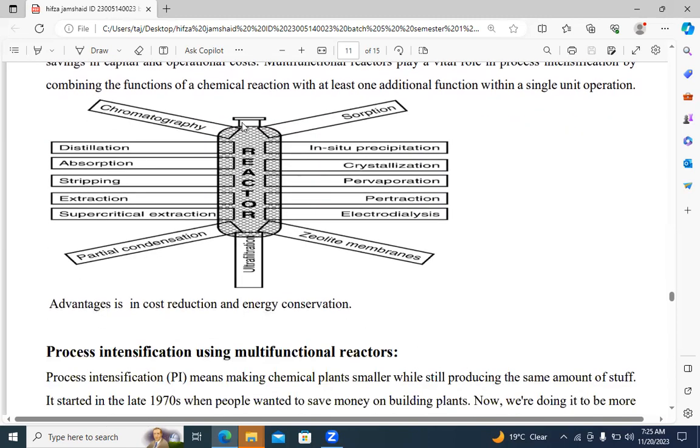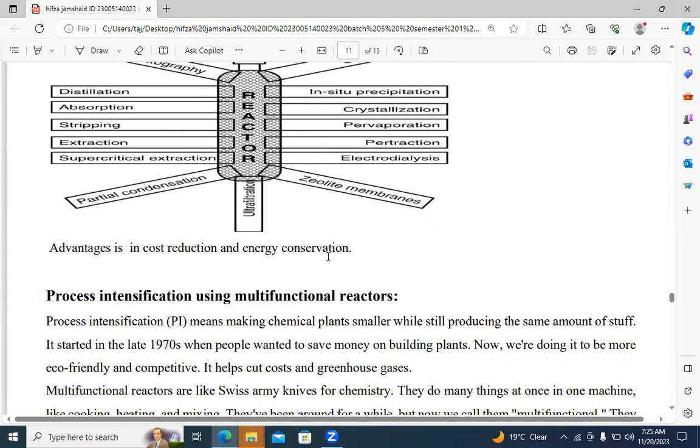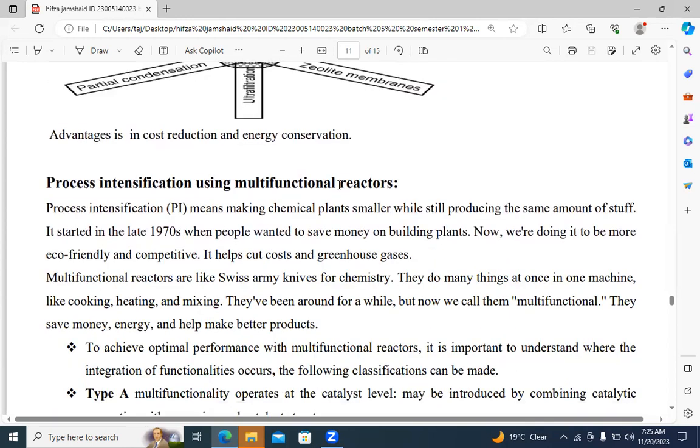It means it is just a small plant, but if we want to take a large amount of product, we can, even though the plant is small. So it has advantages in cost reduction and energy conservation. Intensification using multifunctional reactors makes the chemical plant smaller while still producing the same amount. It means producing with a small chemical plant in order to achieve a given product objective.